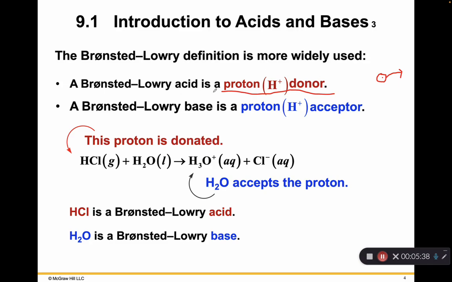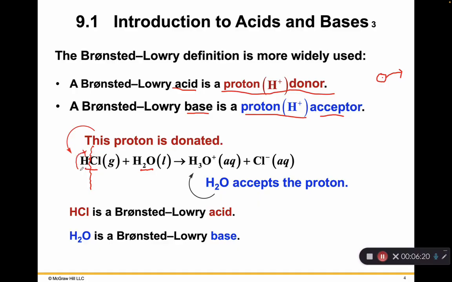Those compounds that can donate H plus, that can donate the proton, are known as acids. And those compounds that can accept that H plus, the proton acceptors, we call bases. Let's see one example. We have HCl gas in liquid water. When HCl gas dissolves in liquid water, the H plus of the HCl is given away.